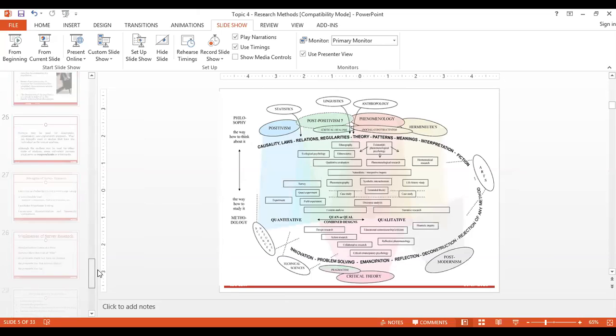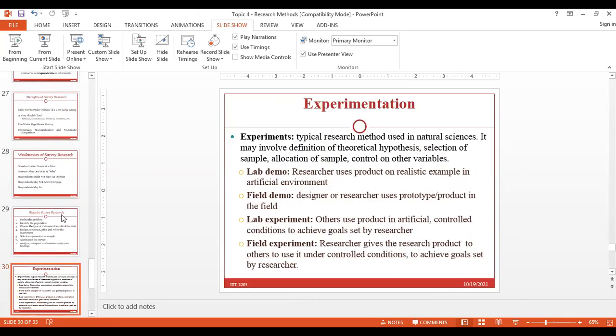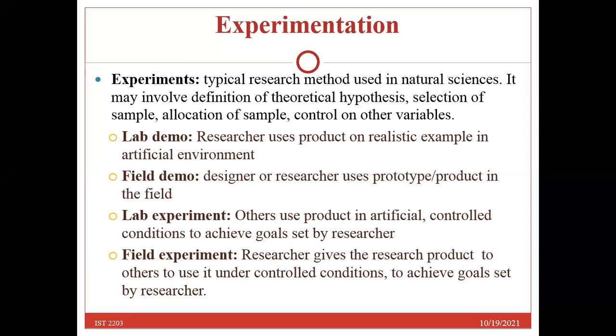All right, where we were yesterday. So just look at experimentation, and then we'll go to survey in detail. So experimentation is one of the quantitative ways of doing research. It is a typical research method used in natural sciences.